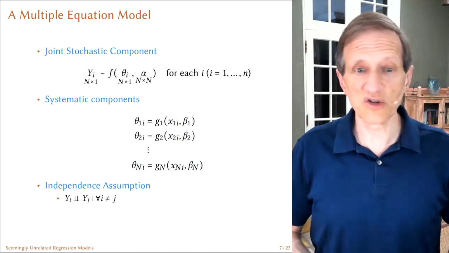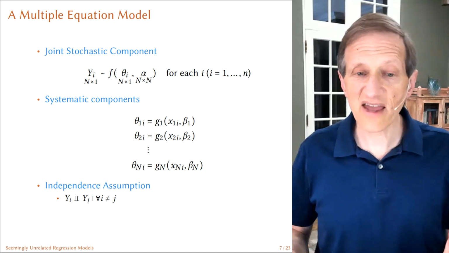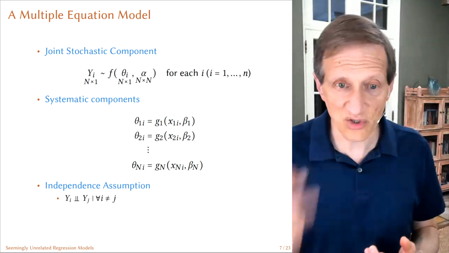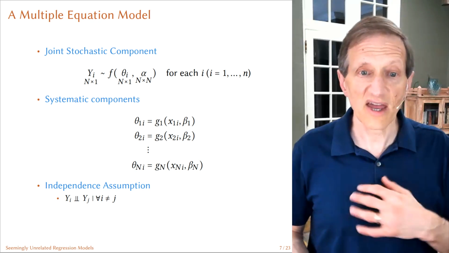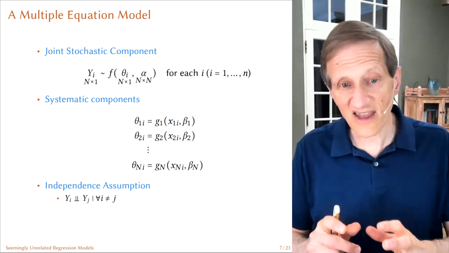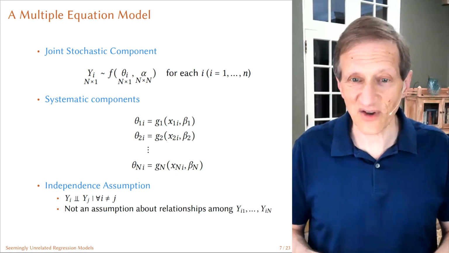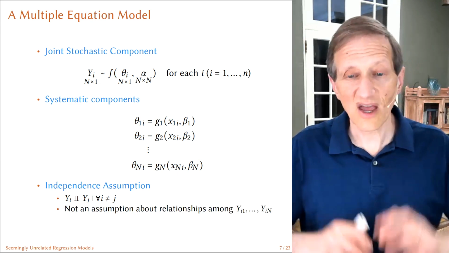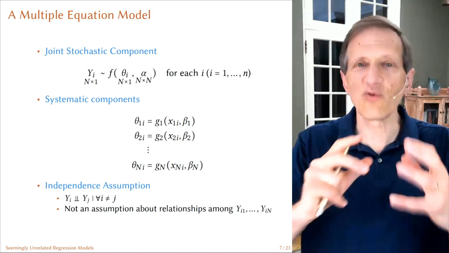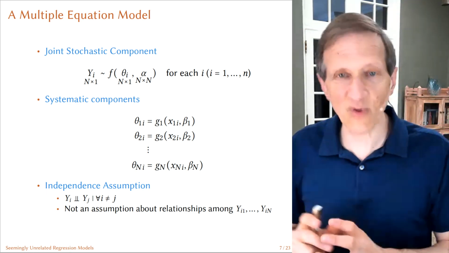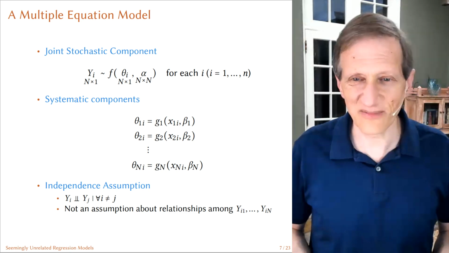And we're going to do something directly analogous to what we've had before, which is y i is independent or orthogonal to y j for all i not equaling j. Now, just remember that y of i and y of j each have N elements, okay? So this is not an assumption about the relationships among the elements of y sub i or among the elements of y sub j. It's the independence across people.